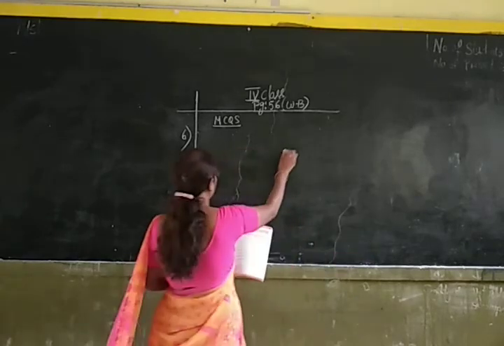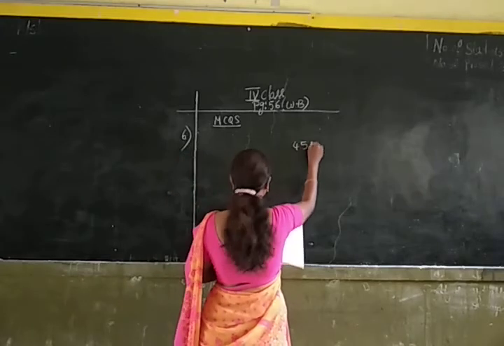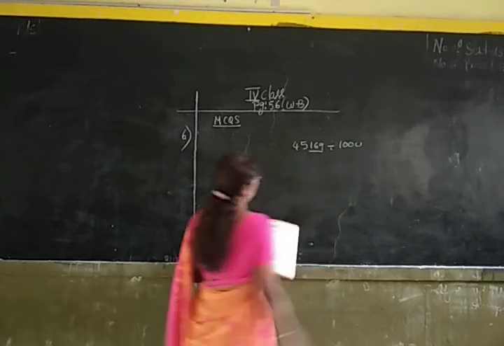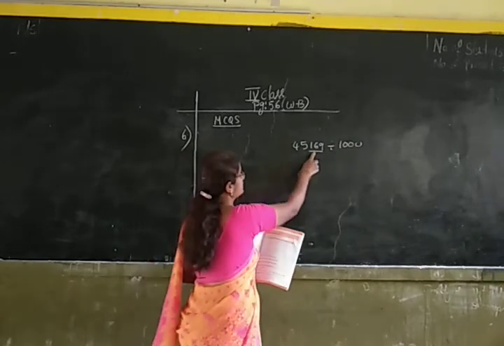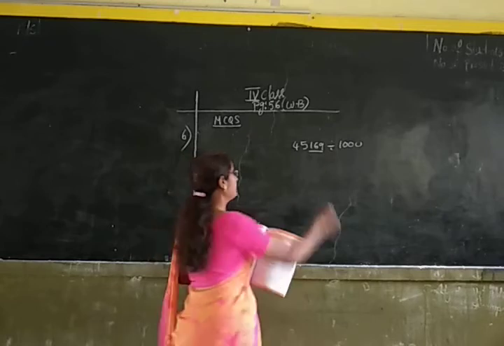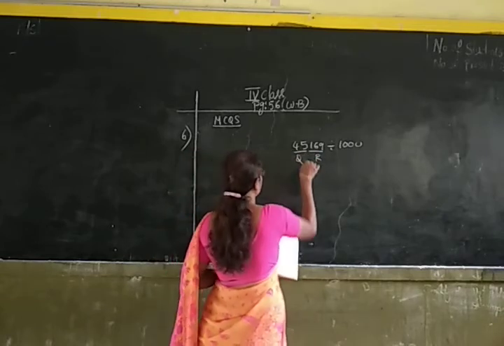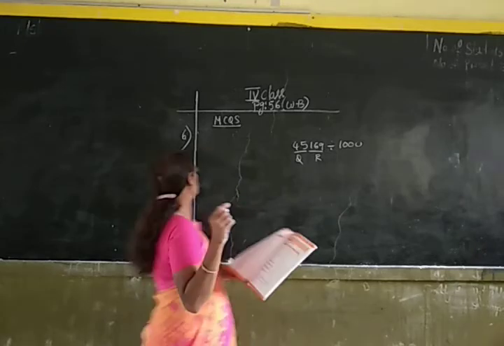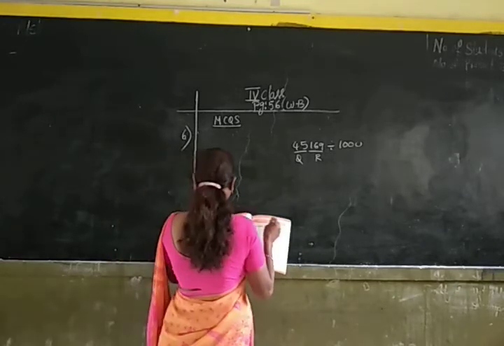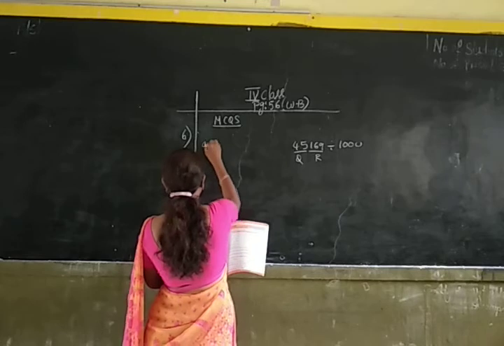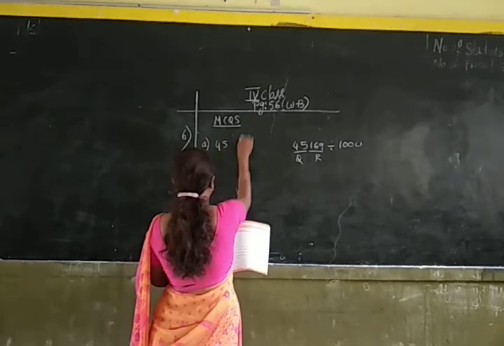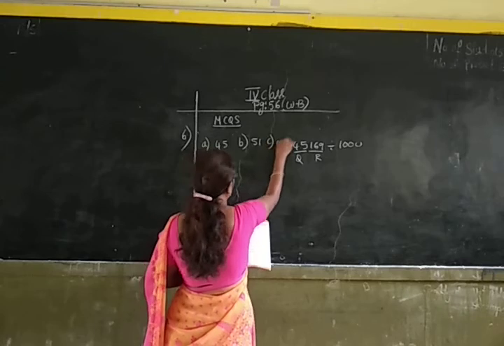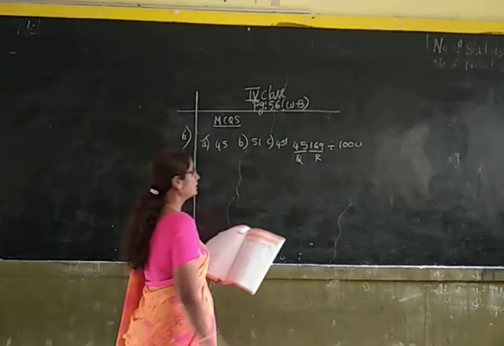If you divide a number by 1000, the digits at its hundreds, tens and ones place will be the remainder and the remaining digits will be the quotient. Here you have to find out the quotient. So the quotient is 45. So the option A is 45, option B is 51, option C is 451. All of you pick the option A.